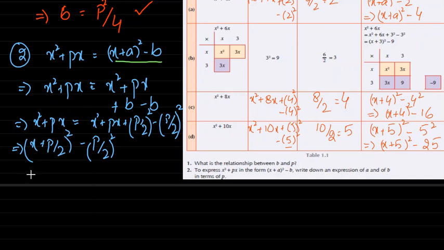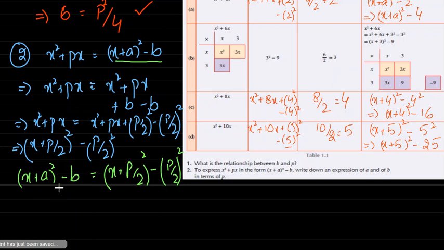So I can write that x plus a whole square minus b is equal to x plus p divided by 2 whole square minus p divided by 2 whole square, right? Now we can see that x plus a, which implies that this a is actually equal to this, and this b is equal to this.